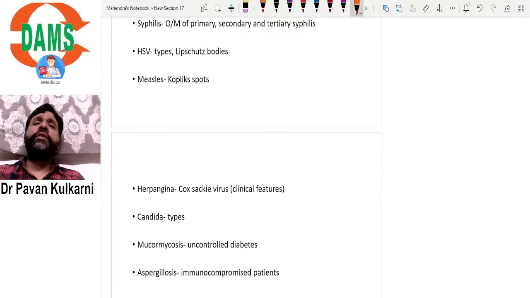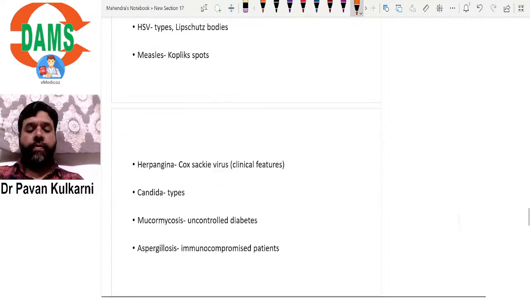In mucormycosis, the hyphae are large, ribbon-like, and they have branching at obtuse angles. Whereas in aspergillosis, you see thin hyphae which branch at acute angles.